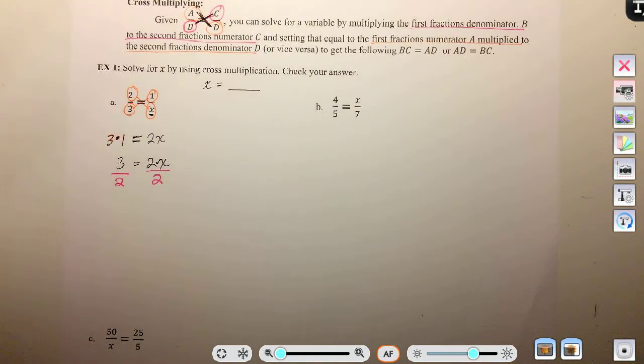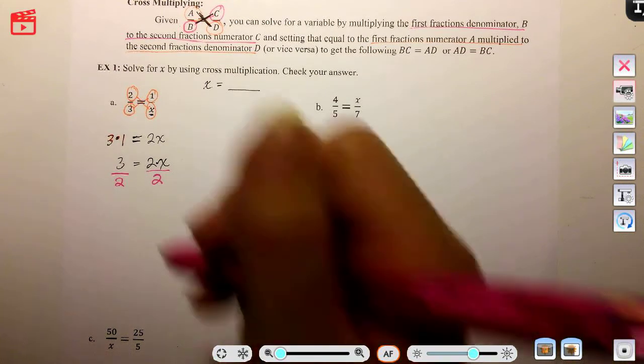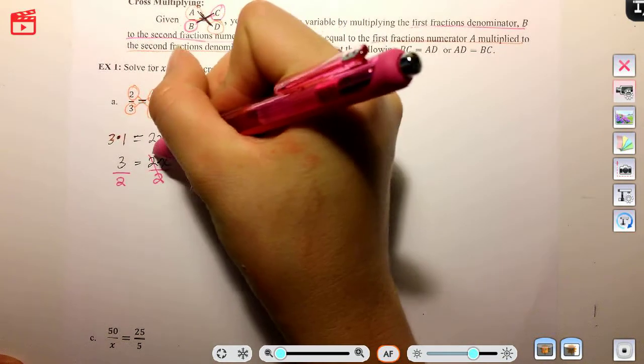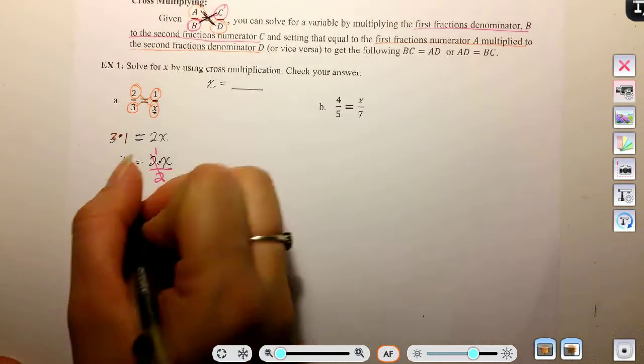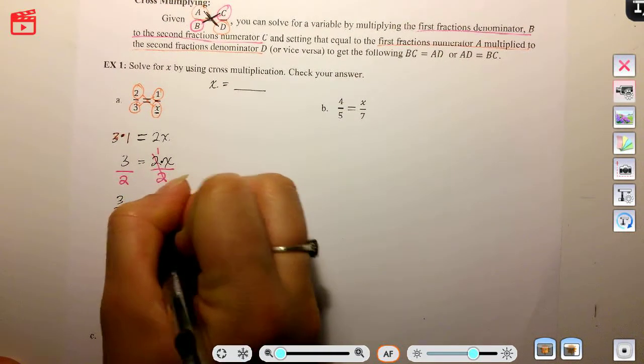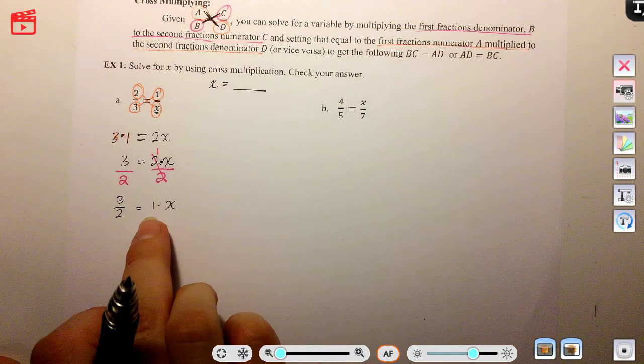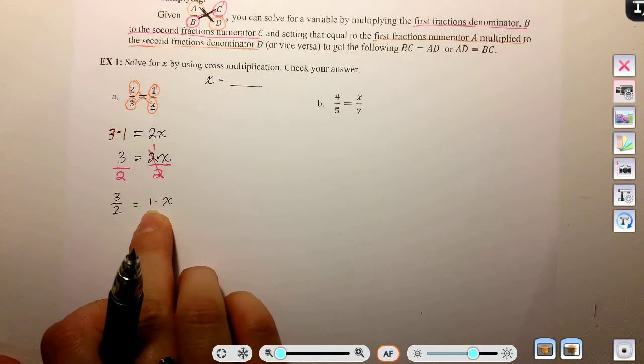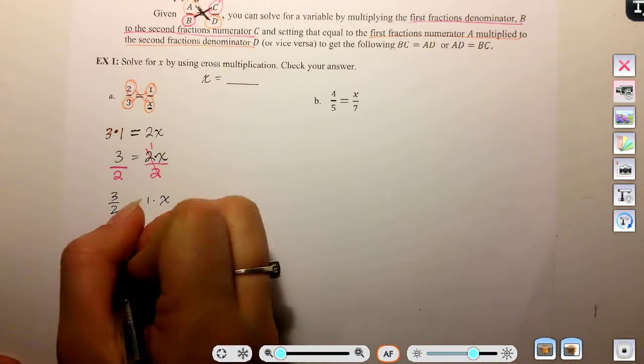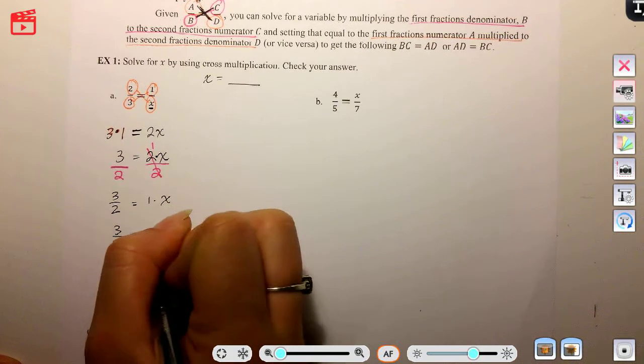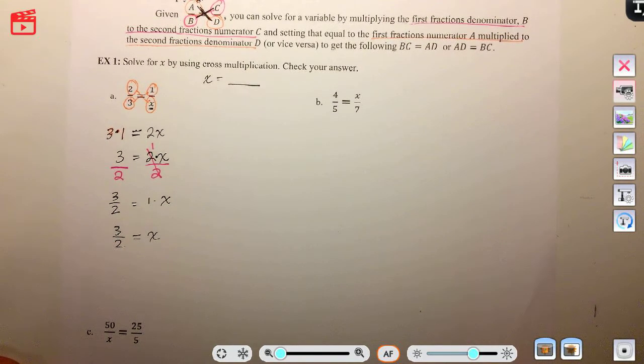What you do to one side, you have to do to the other. So 2 divided by 2, I said, was 1. So that's going to be 3 divided by 2 equals 1 times x. But what's 1 times anything? Just itself. So this is going to be 3 over 2 equals x. And there we go.